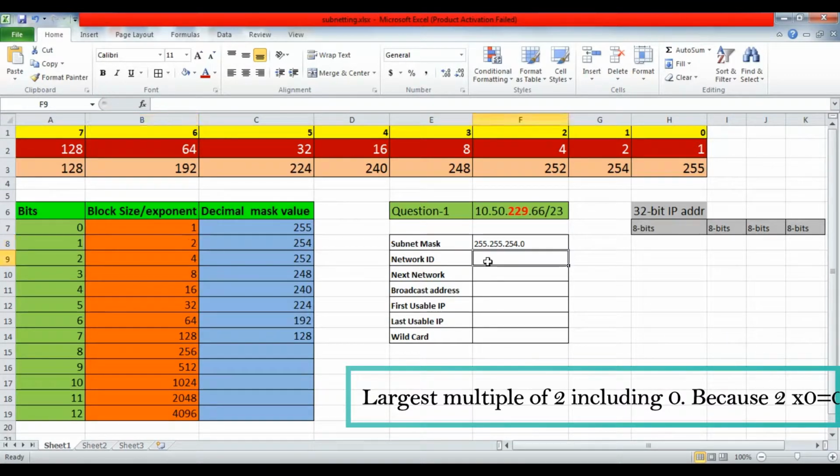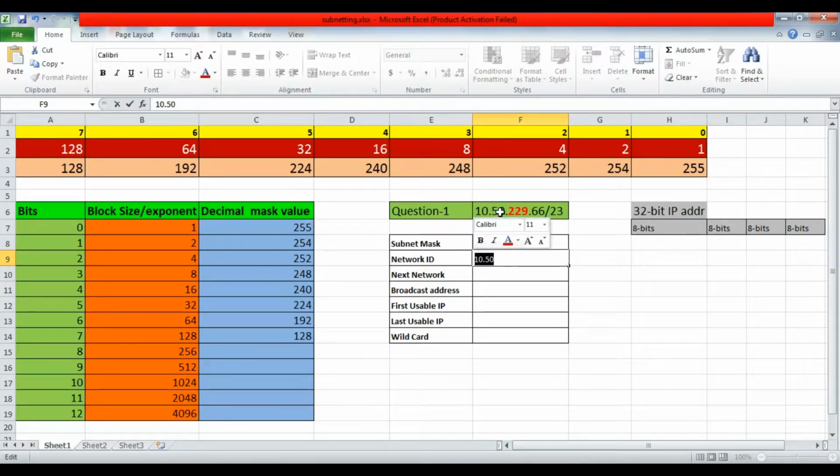So we will write the network ID here: 10.50. From where have we calculated this 10.50? From the given IP address, because it is fixed, we cannot change it. 10.50 dot. Now the largest multiple of 2 that is less than 229 is 228.